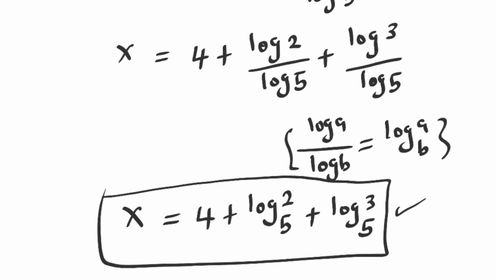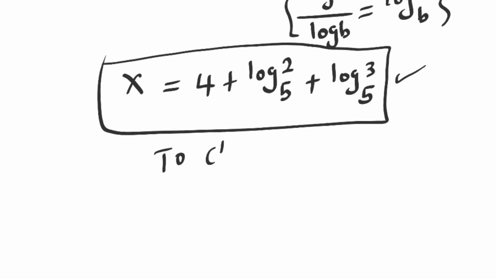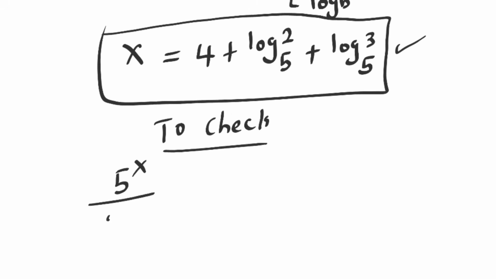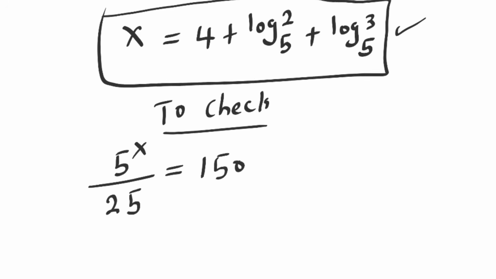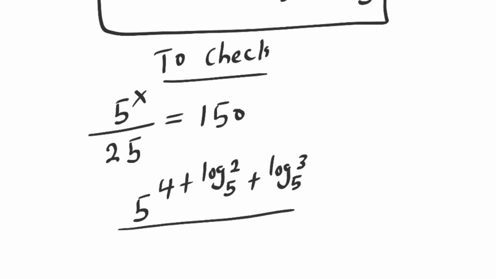We may check to confirm if this answer is right or wrong. Let's check. We have the given equation 5 raised to power x over 25 is equal to 150. Then this is 5 raised to power 4 plus log 2 base 5 plus log 3 base 5 over 25 must be equal to 150.